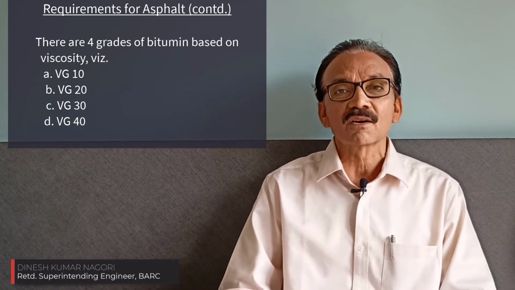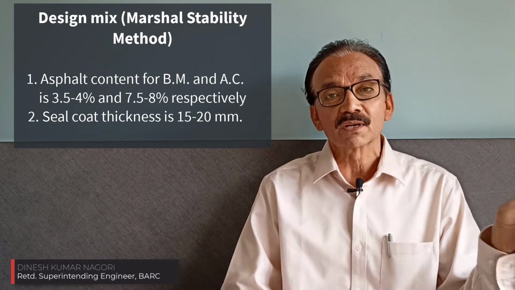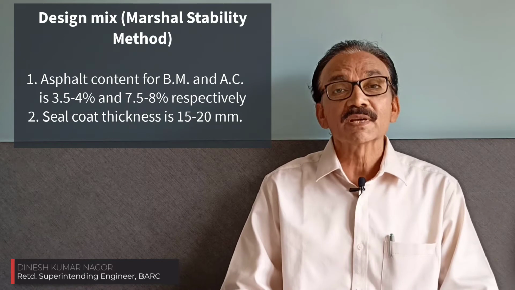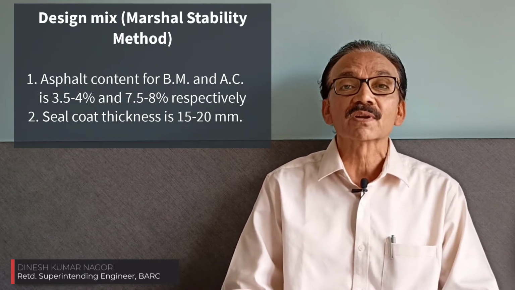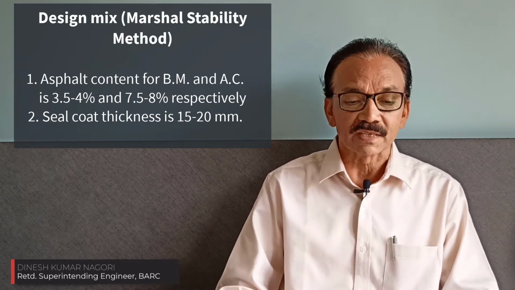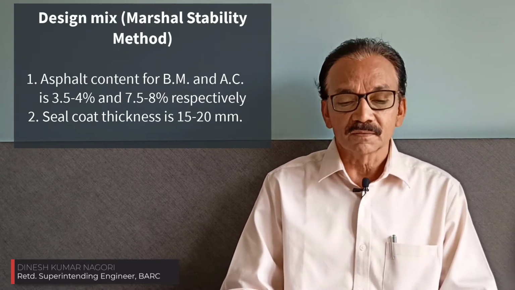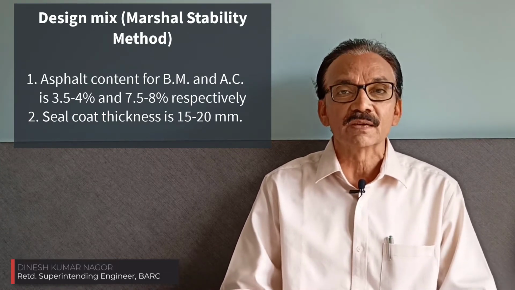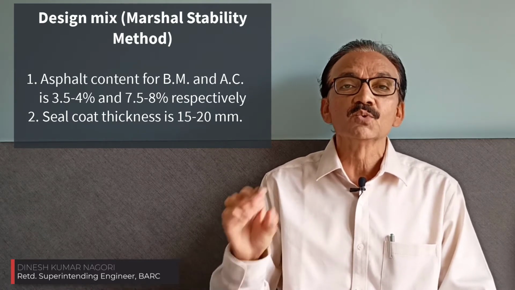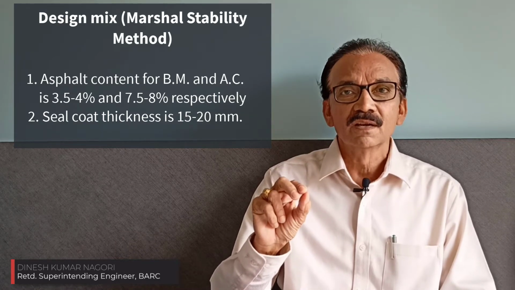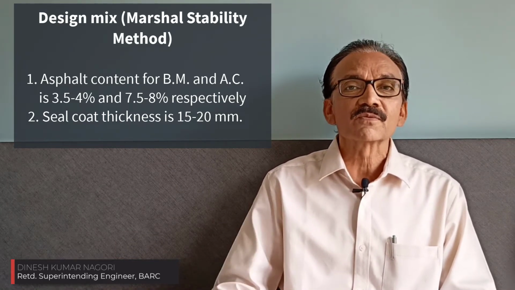Your designer, or the person doing the design mix, must see that like cement concrete where we go for a design mix, asphalt concrete also must go for a design mix, rather than going with whatever the asphalt plant people are giving, because now the requirement is very precise. The bitumen requirement is basically of 2 types. The first layer we call BM, bituminous macadam, in which we use 20 mm maximum aggregate size, then 10 mm and then stone grits, and the asphalt percentage is around 3.5 to 4%.